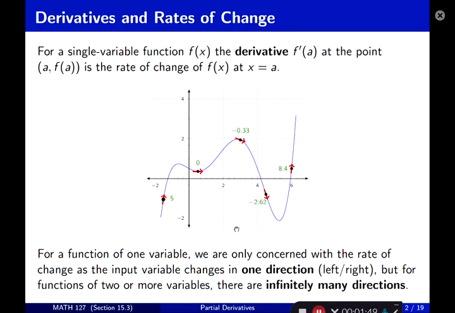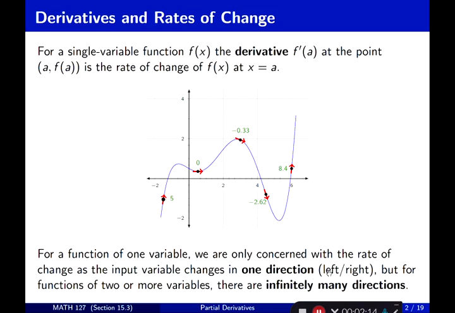So what happens in multivariable, even though we have infinitely many directions going to a point? The point, for example, won't be a and f of a, it would be a, b, and f of a, b. So we have infinitely many directions going to that point, so rate of change could be defined in any direction, but two directions are special to us.